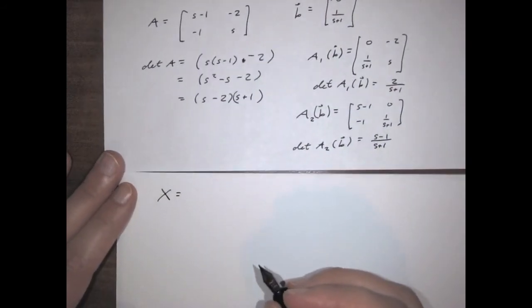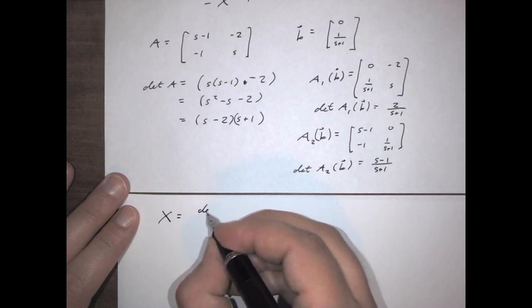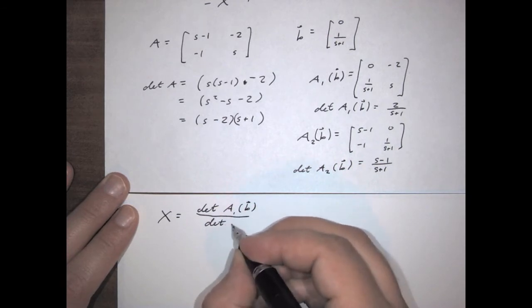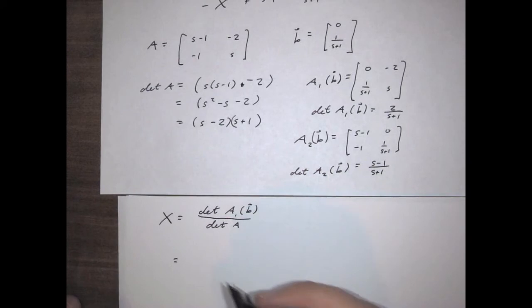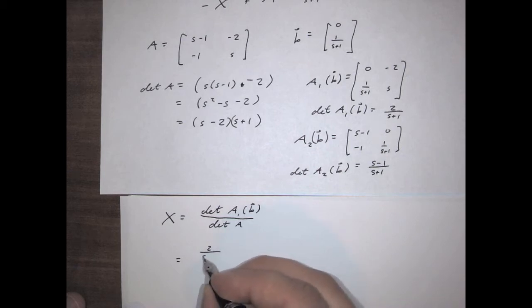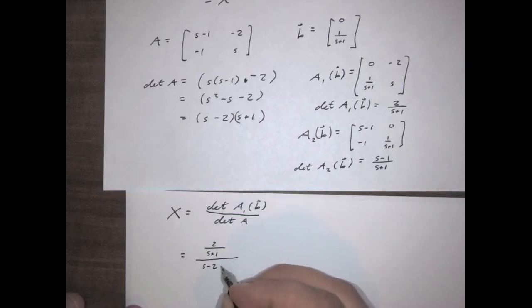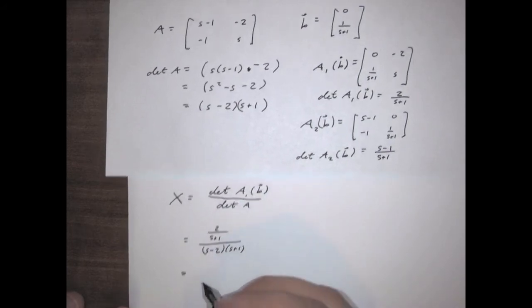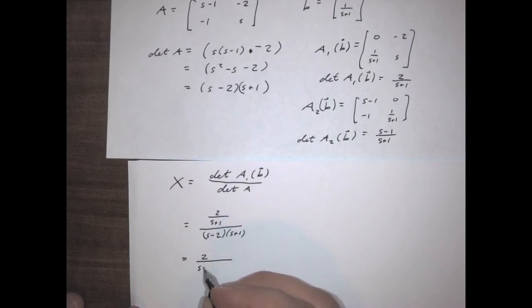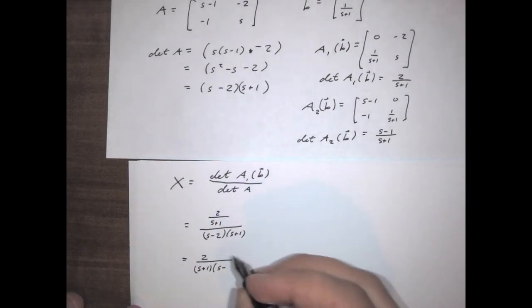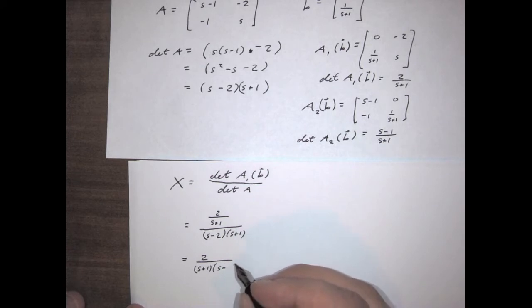So x is equal to, by Cramer's rule, which in this case is going to be 2 over s plus 1, all divided by s minus 2 times s plus 1, which you can rewrite, let's say you multiply the top and bottom by s plus 1.